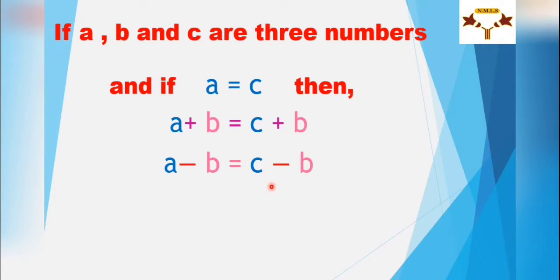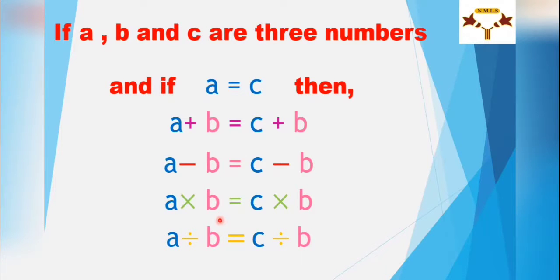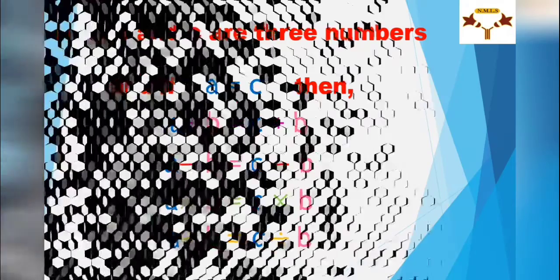Also, subtracting the same number B from both sides will not affect the equality. Multiplying A and C by the same number B will not affect the equality. Dividing both sides by the same number B will not affect the equality of the equation.